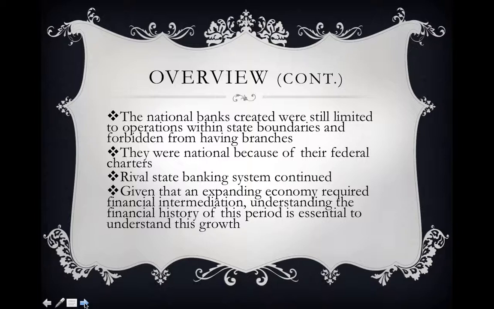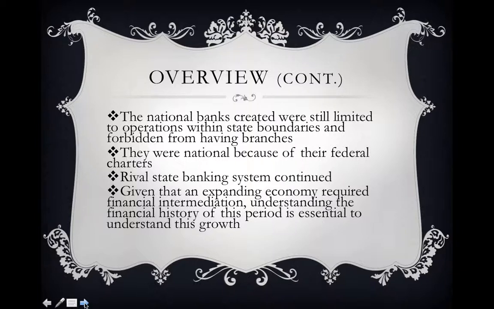All right. So the reason why I think this period is very important to understand is that we're still talking about a period of vigorous economic growth in the United States. And in order for this type of economic growth to occur, you need financial capital. Individuals cannot self-finance the expansion and growth of industry during this time period on their own. They need to have funds from other individuals.